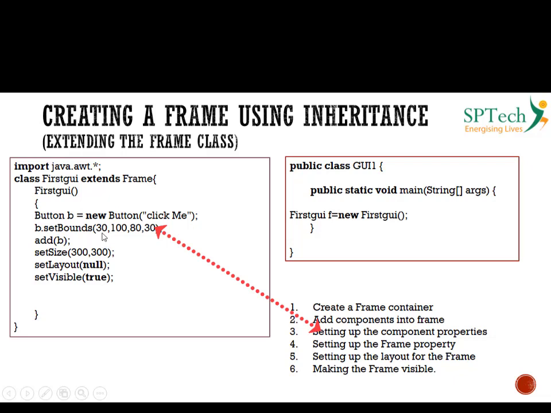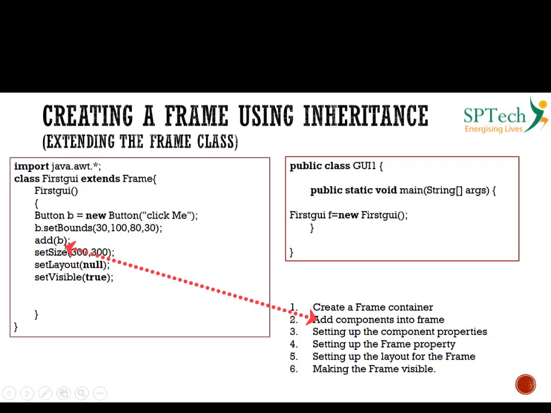So here I am specifying the XY coordinates of the button and the width and height of the button. The XY coordinates would be 30 and 100 and the width and height of the button would be 80 and 30.